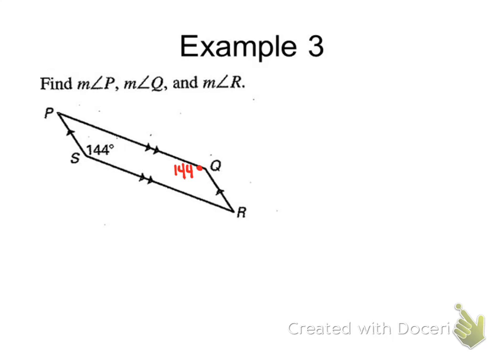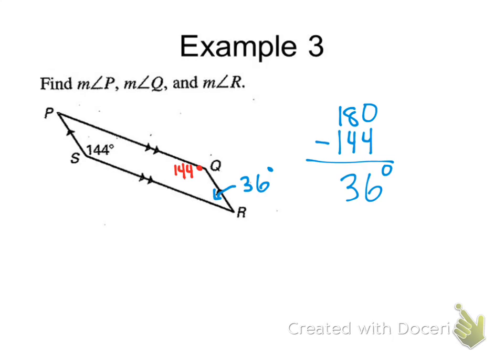So if I can do 180 minus 144, that'll give me the measure of angle R since they're right next to each other. What is that measure? 36. There's not much space in there, but you can draw a little angle, so that's 36 degrees. Again, circle your answers just so your homework's a little easier to grade.